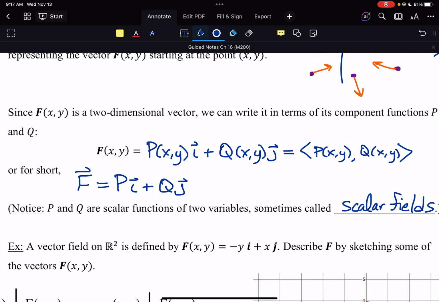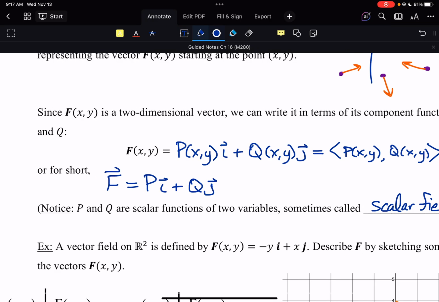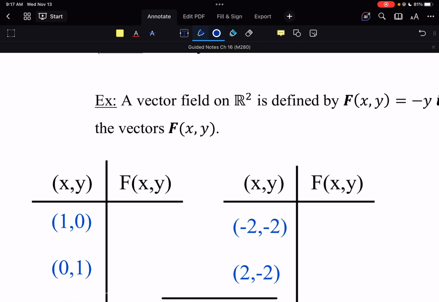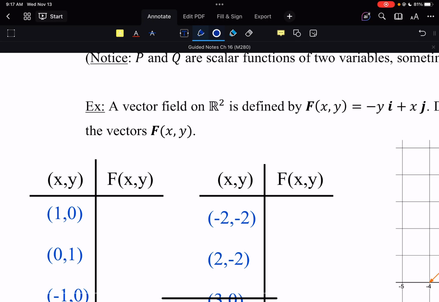So let's take a look at an example. We have a vector field on R2 defined by F(x, y) equals negative y i plus x j. Describe F by sketching some of the vectors F(x, y). Before I get to the graph over there, we're going to use this formula for the vector field.